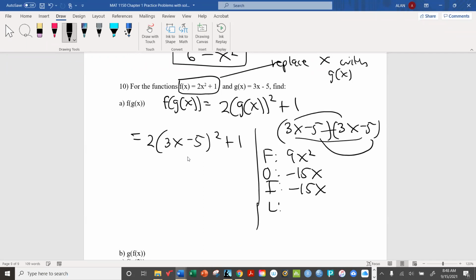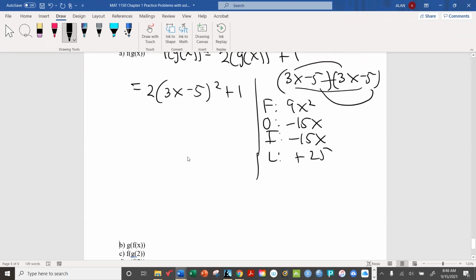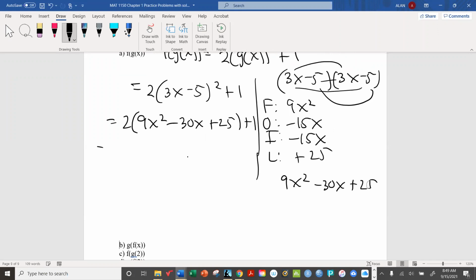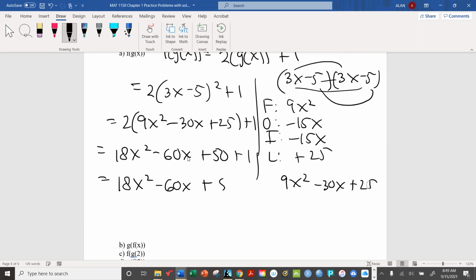And then this is last, positive 25. When you consolidate all those, it turns out that this equals 9x squared minus 30x plus 25. So over here, I can rewrite this as 2 times 9x squared minus 30x plus 25, all plus 1. So I'll have 18x squared minus 60x plus 50 plus 1. And then finally, I'll have 18x squared minus 60x plus 51.